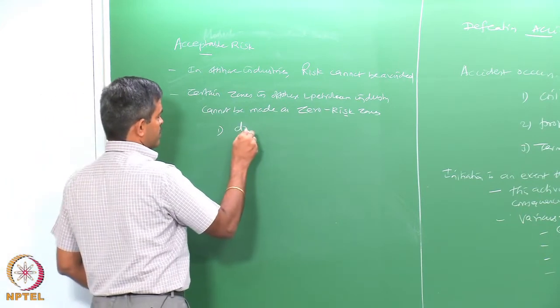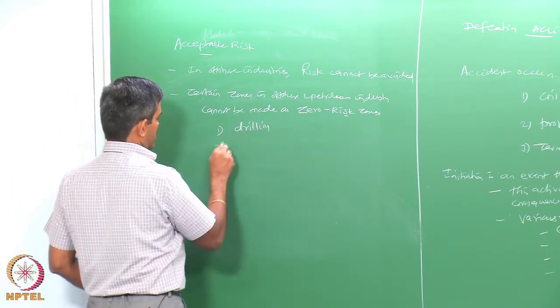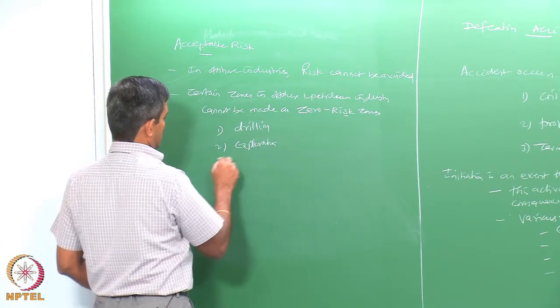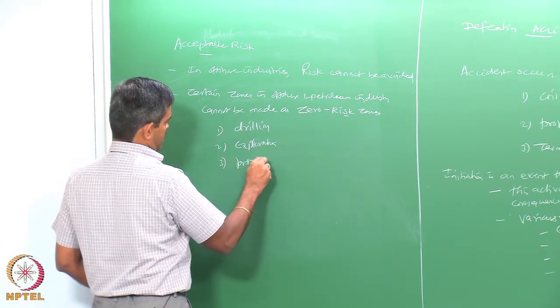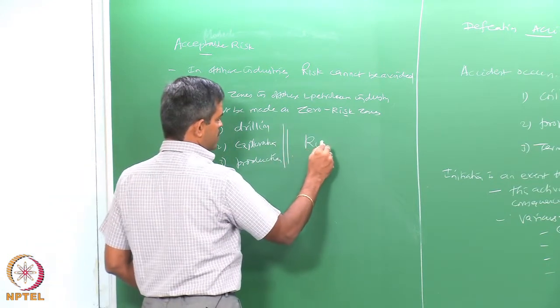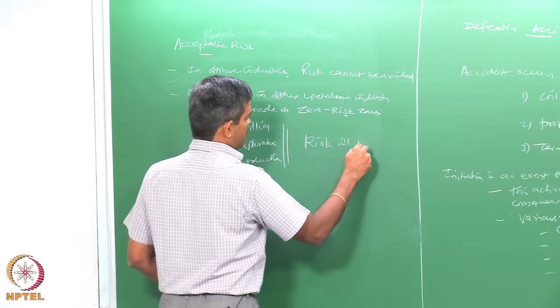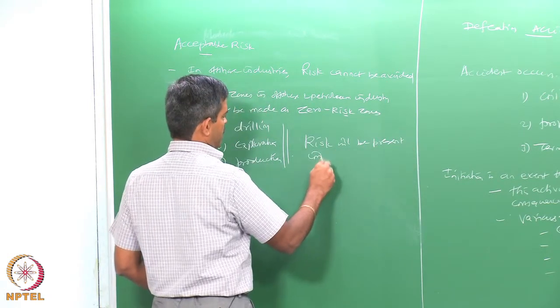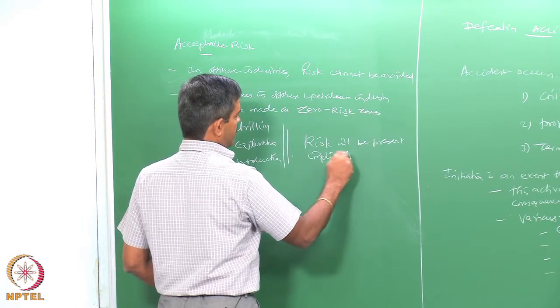Drilling, exploration and production. These are the areas where risk will be present implicitly because of the nature of the process.